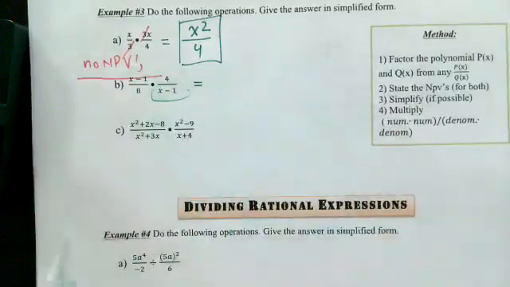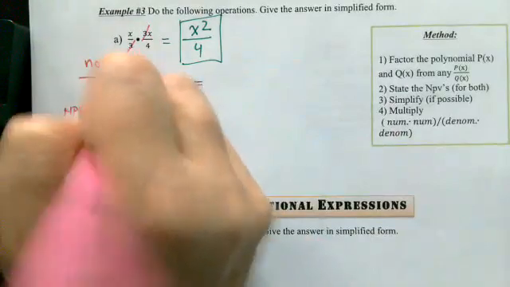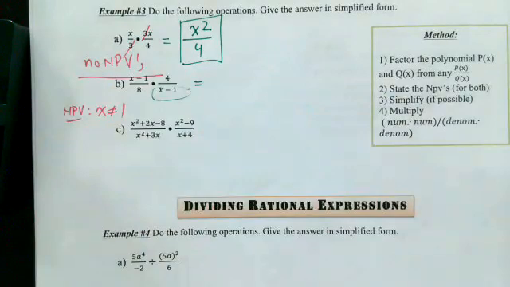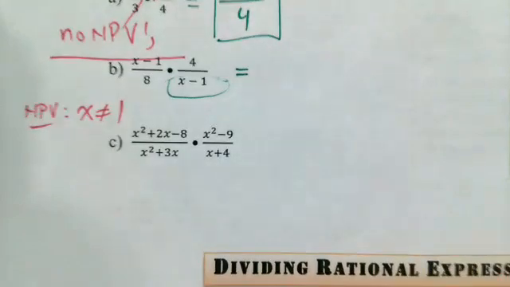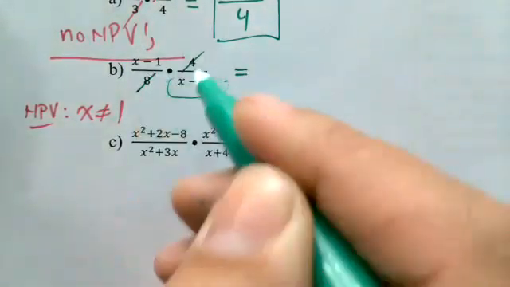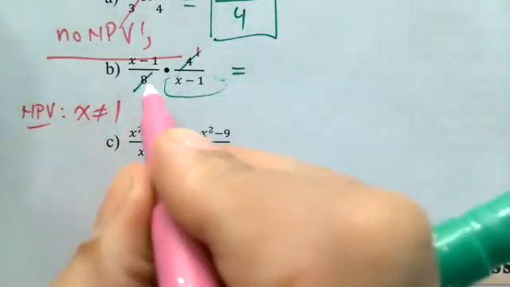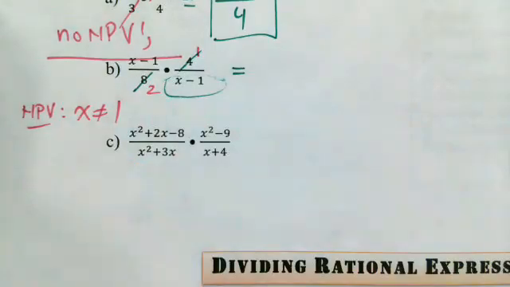So we can see the NPV from there would be x cannot be 1. And then the 4 and the 8 cancel by a factor of 4, right? So 4 divided by 4 is 1, and 8 divided by 4 is 2 there.